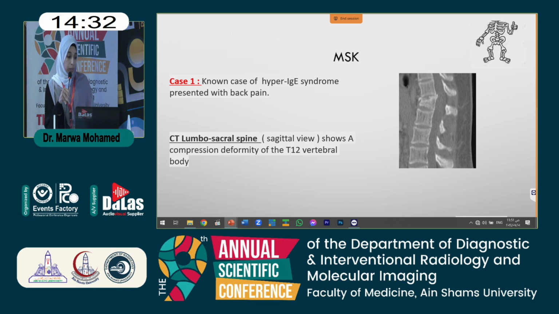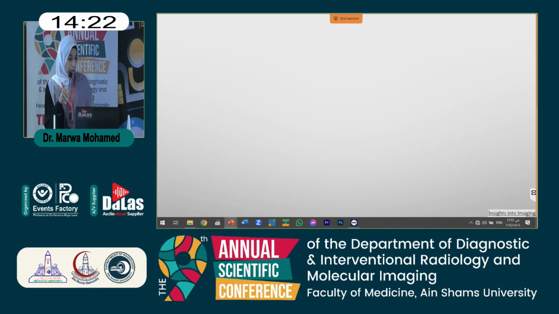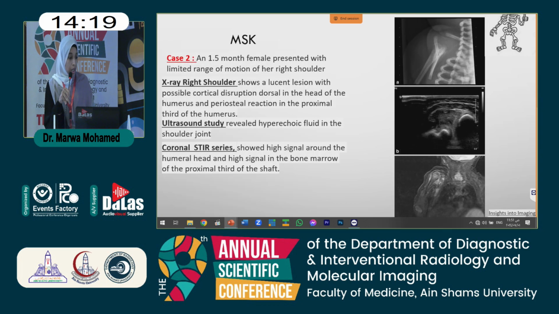CT lumbosacral spine sagittal view shows a compression deformity of the T12 vertebral body, likely due to syndrome-related osteoporosis. Case 2, a 1.5-month-old female presented with limited range of motion for her right shoulder. X-ray right shoulder shows a lucent lesion with possible cortical disruption of the head of the humerus and periosteal reaction in the proximal third of the humerus.